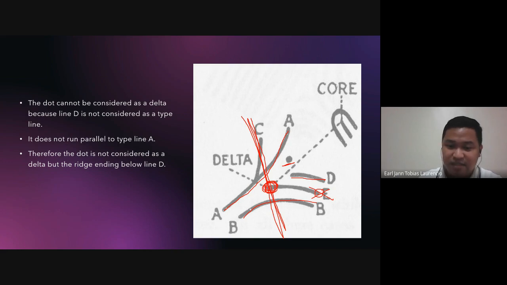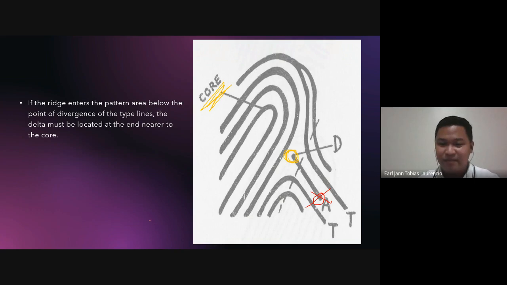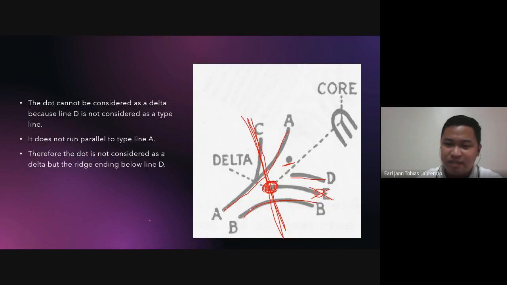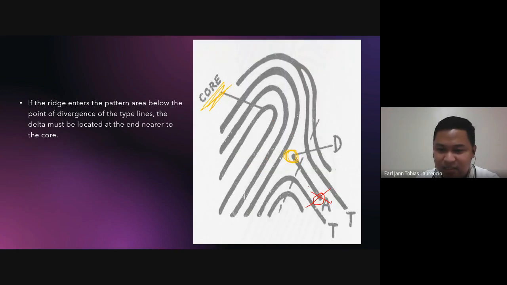That is in contrast with this. Why? Because this ridge is already located inside the pattern area, while this ridge is located outside the pattern area.